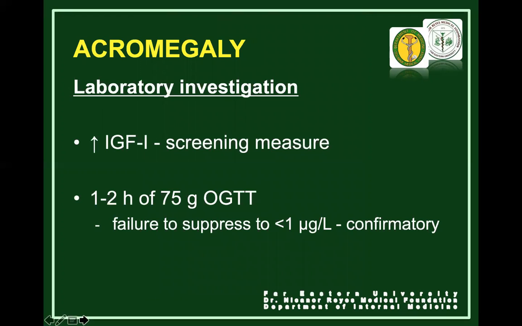Now, how do you investigate? Okay, so earlier I already mentioned about getting the insulin-like growth factor 1 as a screening method because it's constantly elevated in the blood and doesn't follow a pulsatile function. So if this is elevated, that's used for screening test. But the gold standard, if you want to confirm, is to do a 75 gram OGTT.